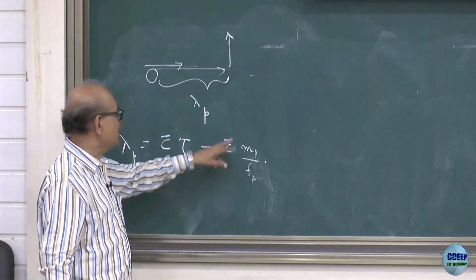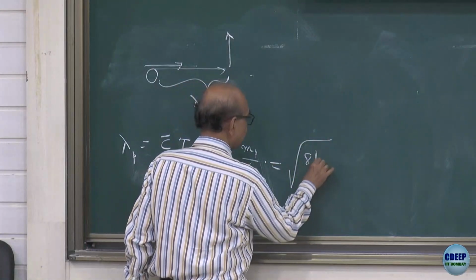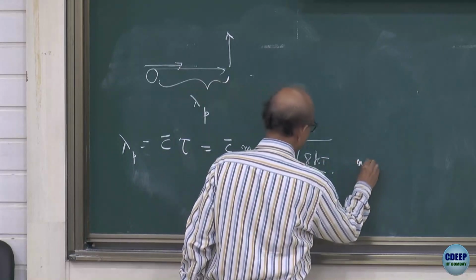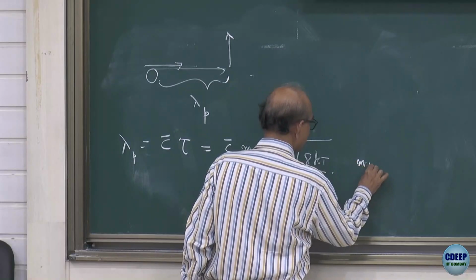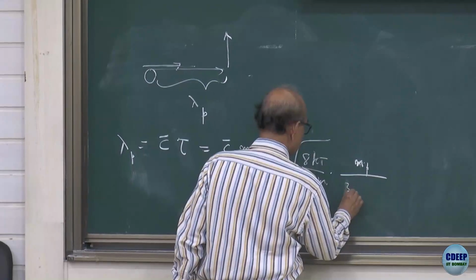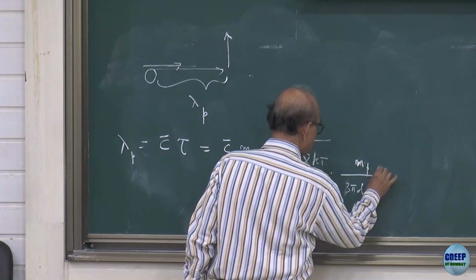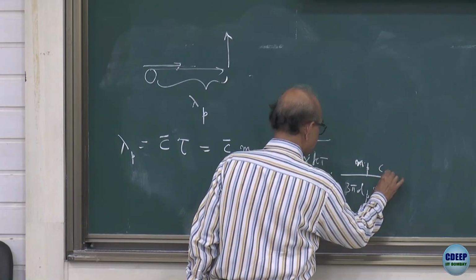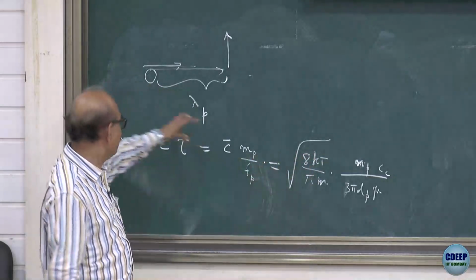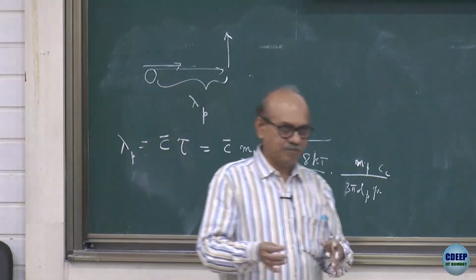So, this you now express in terms of c bar, which is root of 8 kT by pi m, and mass, you can keep it or you can express it in terms of diameter, and Fp as usual we have 3 pi dP mu, and I think Cc will go up, right, and Cc. So, we come back to our old expression by an explanation starting with its thermal velocity.